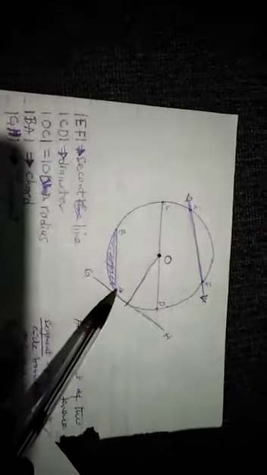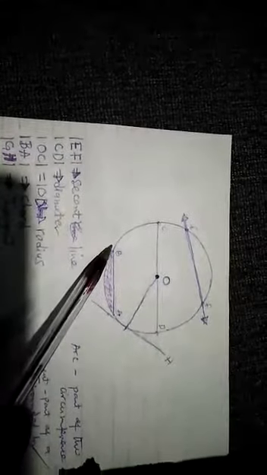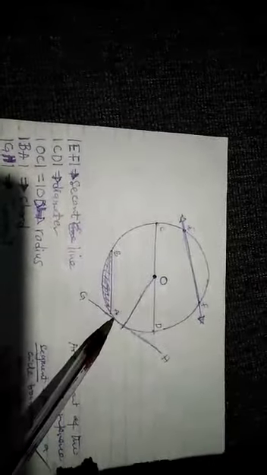Let's finish with the segment. This is the arc, and a chord. That makes it a segment. A segment is part of a circle that's bounded by an arc and a chord.